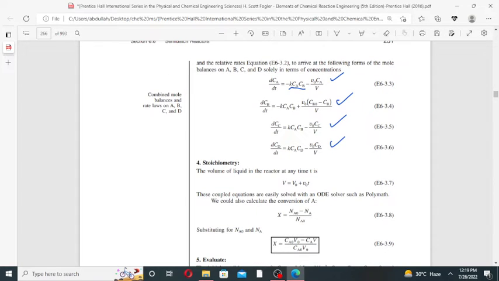After combining mole balance, relative rate, and rate law, we will get these four equations.